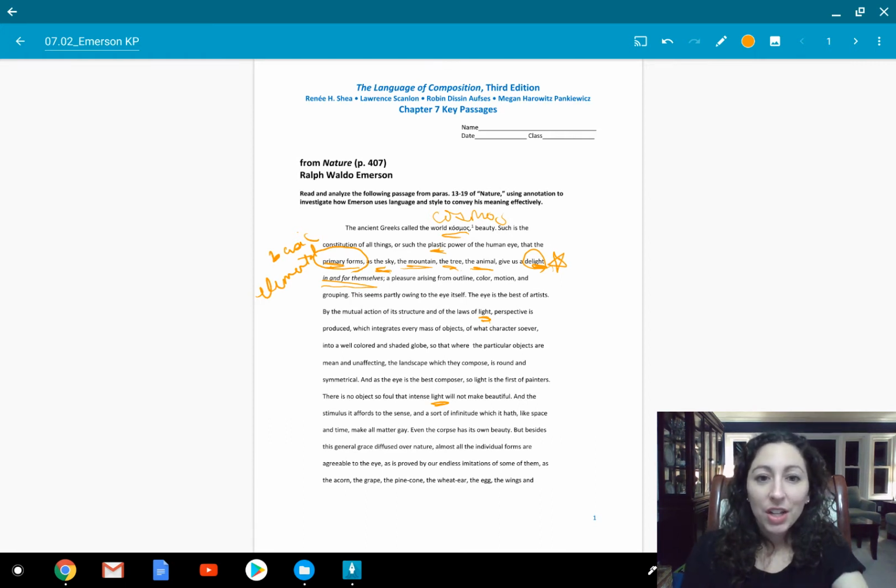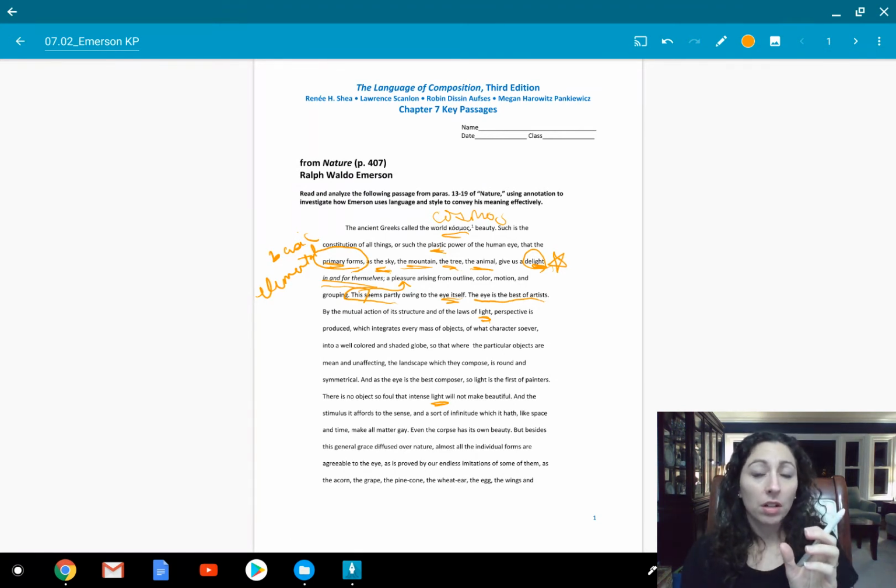All right. So this seems partly owing to the eye itself. Now, the word this referring back to the pleasure that arises from the outline, color, motion, grouping. And here he says the eye is the best of artists. So a short, simple sentence, a very clear claim, right?